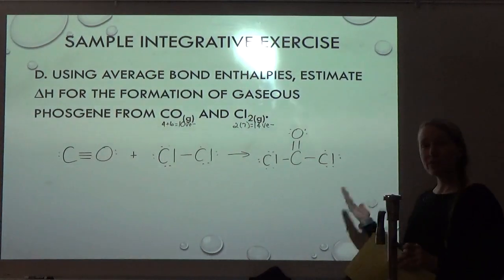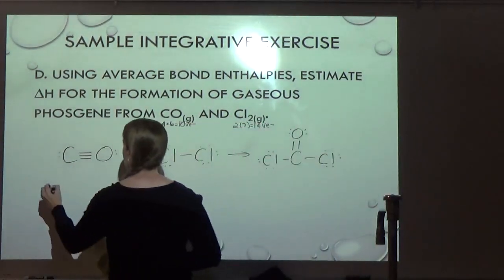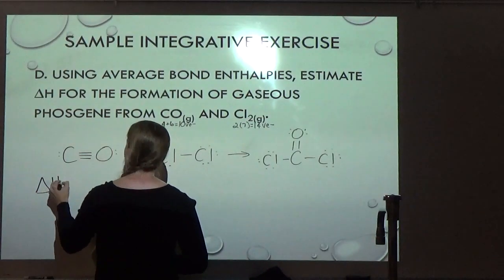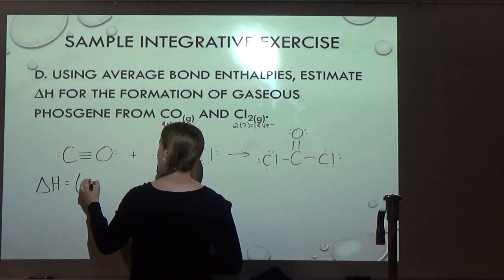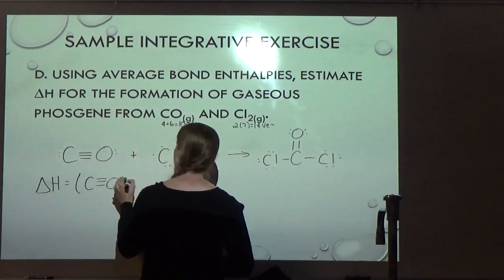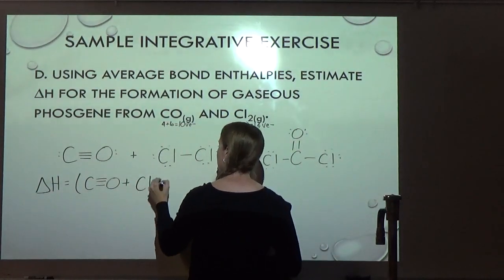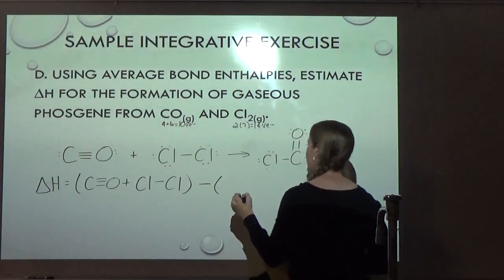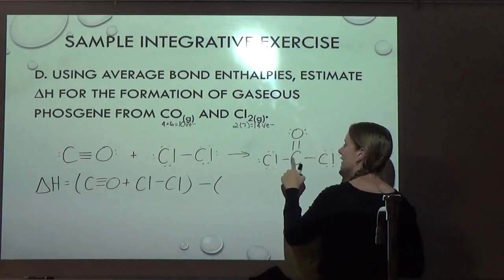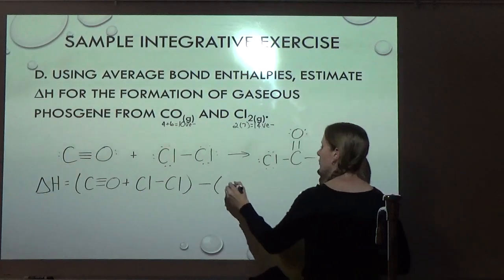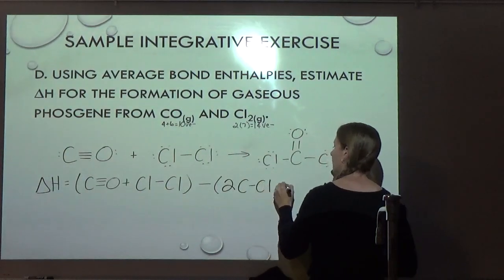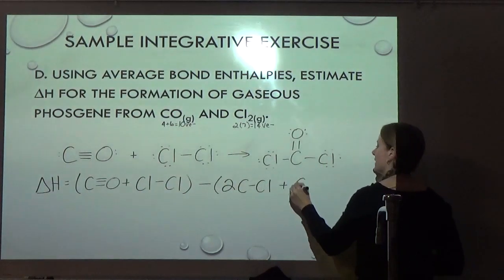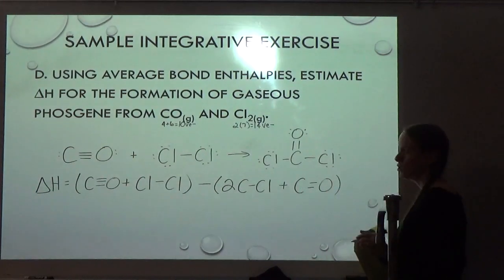Alright, so we have to do bonds broken minus bonds formed. So my delta H, I'm going to break a CO triple bond. I'm going to break a Cl single bond. Minus my bonds formed. I'm going to form a CCl bond, but I'm going to form 2 of them. And I'm going to form a C double O bond, just like that.